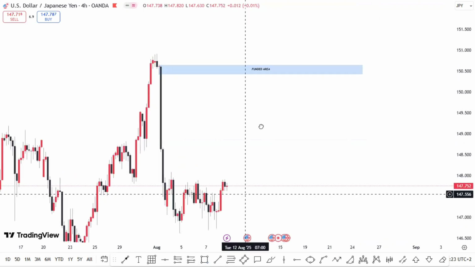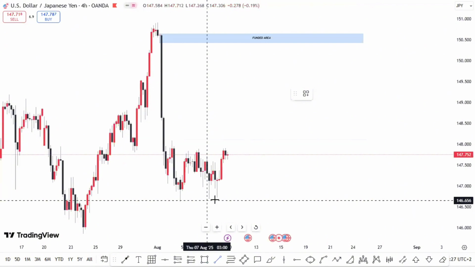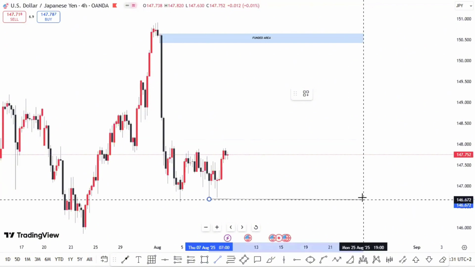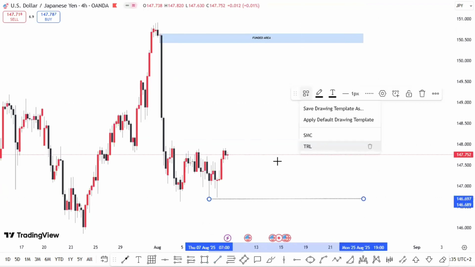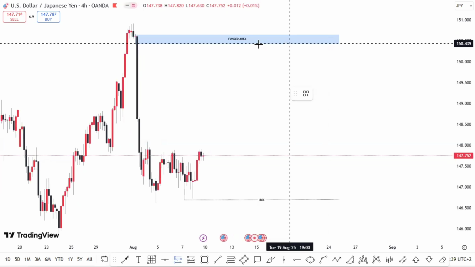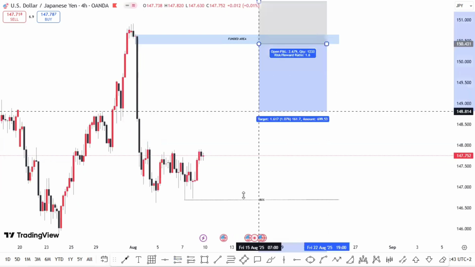Guys, SMC is the best, easiest strategy you can ever use, because you just have to identify your break of structure. After identifying your break of structure, you look for last candlestick before the impulse, which you are going to use as a zone.